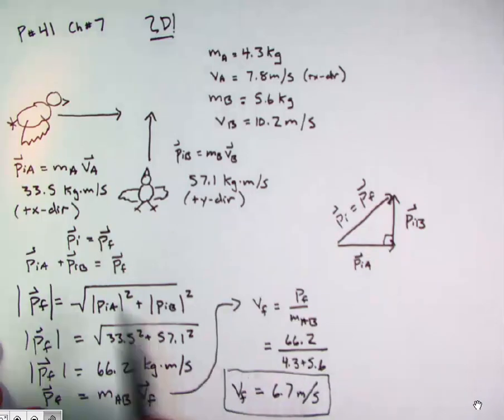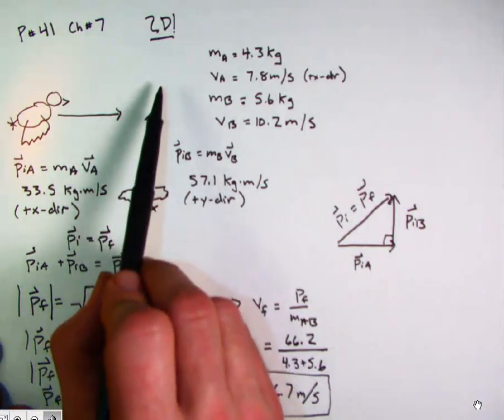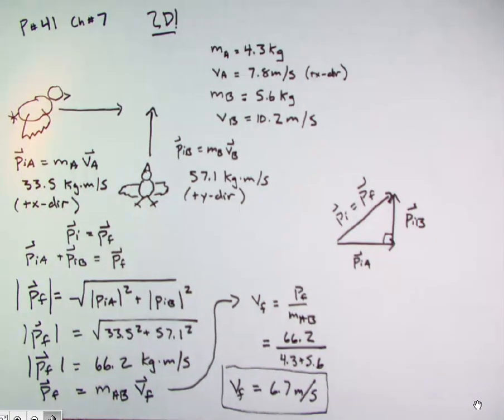So when the two eagles stick together here, they will be moving in this direction at a speed of 6.7 meters per second. So that's just conservation of momentum.